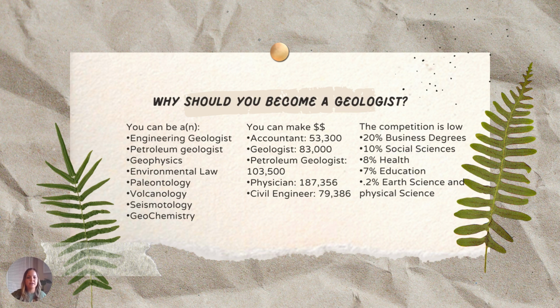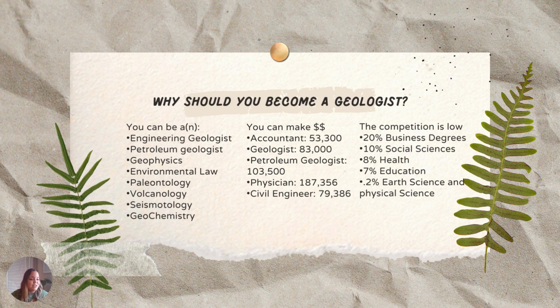There's many other things. You can do petroleum geology and work for companies like Chevron, looking for oil and gas. You can do some paleontology where you are basically like an Alan Grant, where you get to look at dinosaurs all day and uncover them. You can work in seismology where you study earthquakes and their effects on buildings and people.